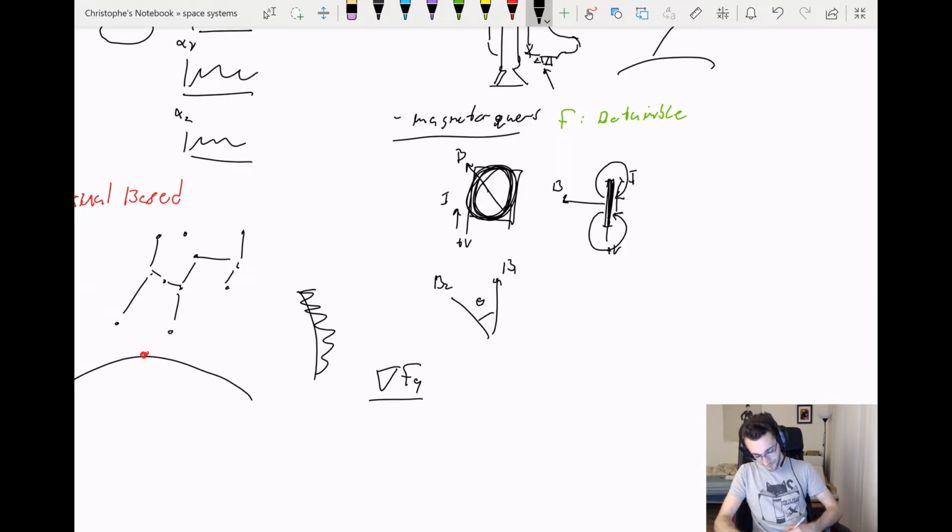The way the Earth's gravitational force works is it decreases the further out you go, basically exponentially decreasing the further away from the Earth you go.